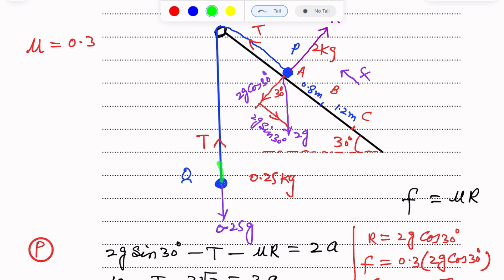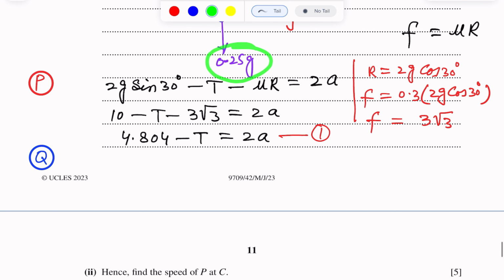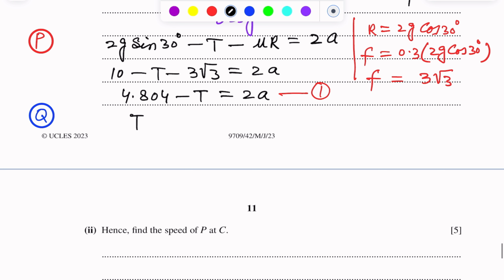Since the direction of motion of particle Q is upward, T minus mg is equal to ma.